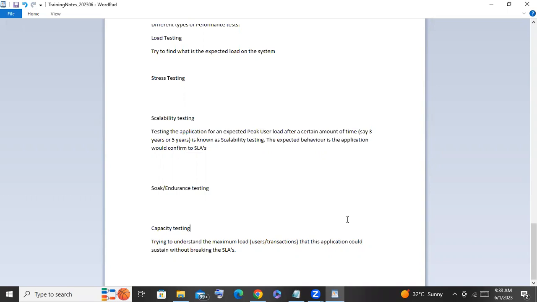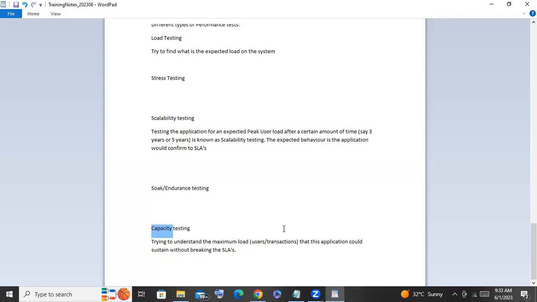So what they would try to do is give you good offers and try to sell more volumes, right? Now, if there are too many customers coming in that the application is not able to handle, then what would happen? Whoever the loyal customers were, they would lose those loyal customers as well.